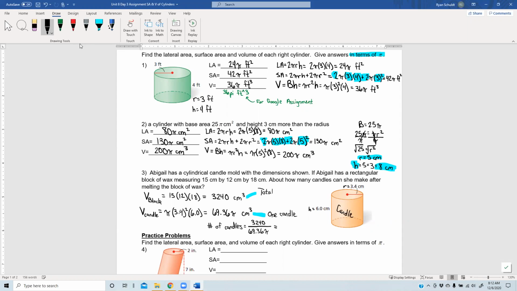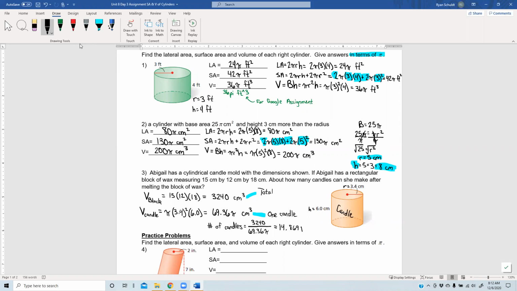That's going to give us this long decimal, 14.8691, and it keeps going because we're dividing by pi.